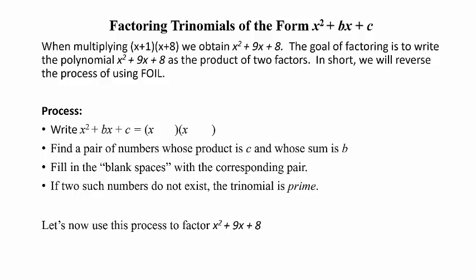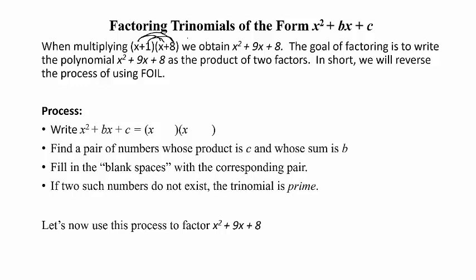Do we buy that? x times x is x squared. x times 8 is 8x, 1 times x is x, 8x plus 1x is 9x, and 1 times 8 is 8. Okay, yes, x squared plus 9x plus 8 is what we get. So the goal of factoring is to write the polynomial x squared plus 9x plus 8 as a product of two factors.